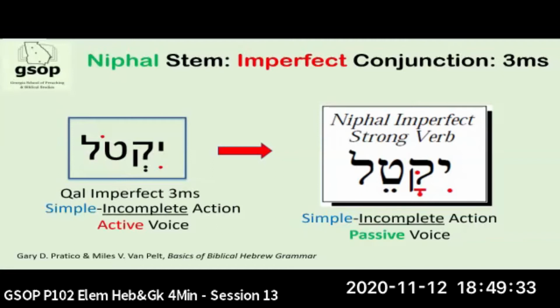For the nifal imperfect, you see we have the yod still with the hirik underneath. But the difference is that we have the first root position has a dagesh forte in it. That's a doubling, and a kamets underneath it. And that becomes ikatel. So instead of yiktol, it's ikatel.